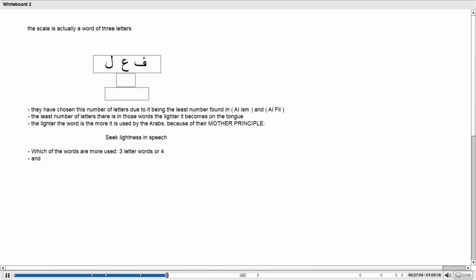And a principle is established based upon what happens more or what happens less?